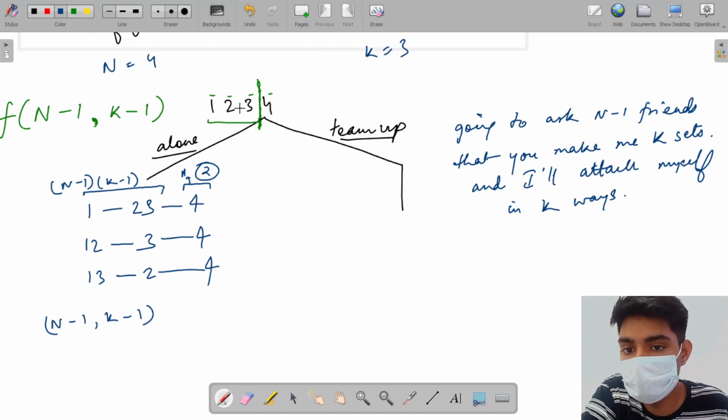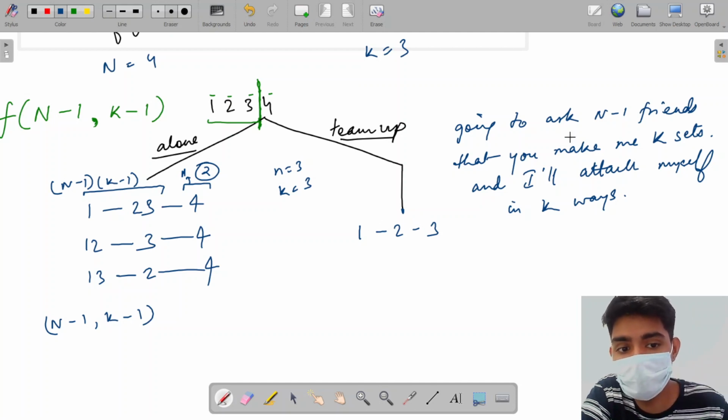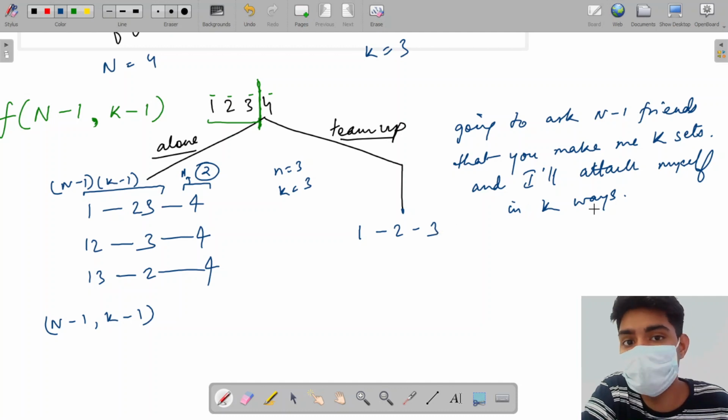So n is here 3, and I'm saying that you should divide yourself into 3 sets. So my only answer would be 1, 2 and 3, where all of them are alone. Then I'll attach myself to 1, 2 and 3 in k ways.